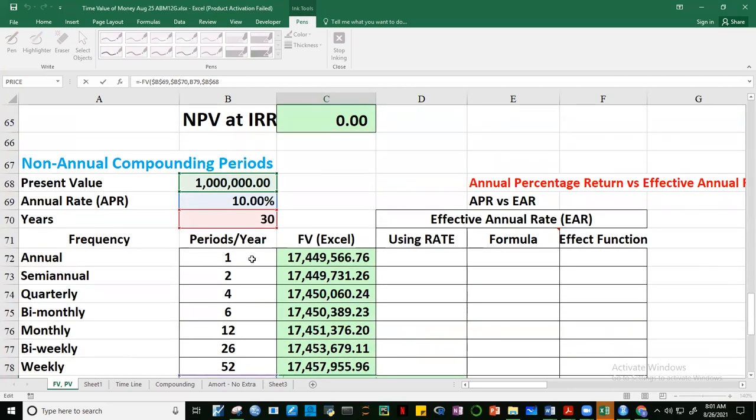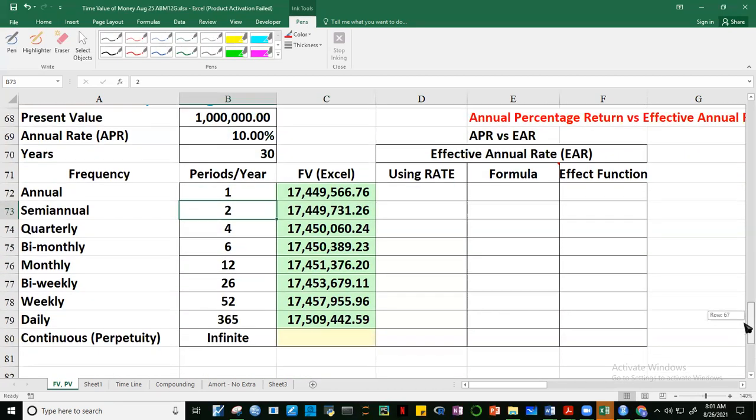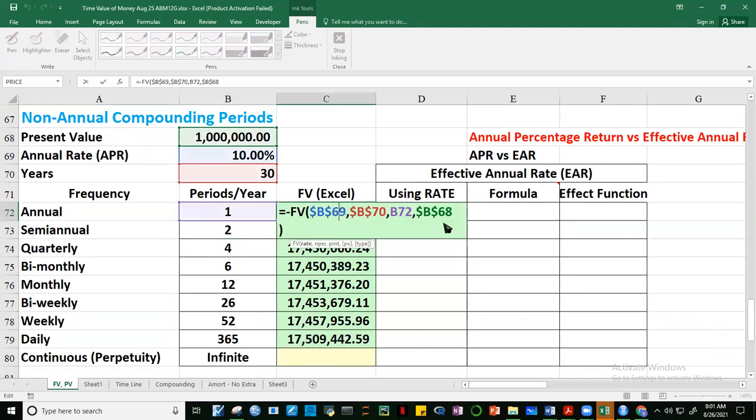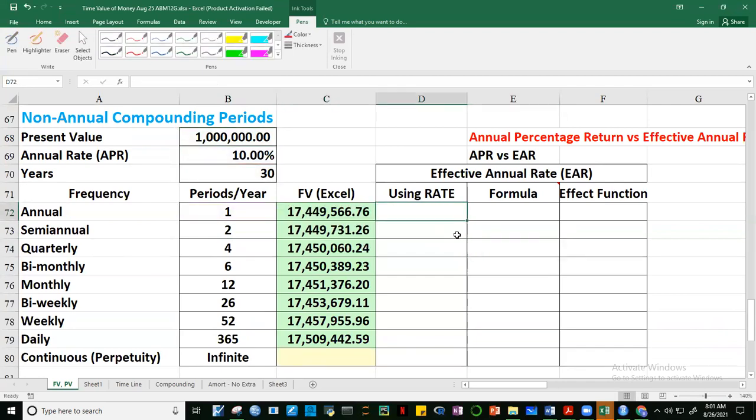No. This is not an annuity. These are the number of times it is compounded per year. Let's compare whether it's exactly the same. Negative FV, our rate is 10%, comma, N per is 30, present value 1 million.